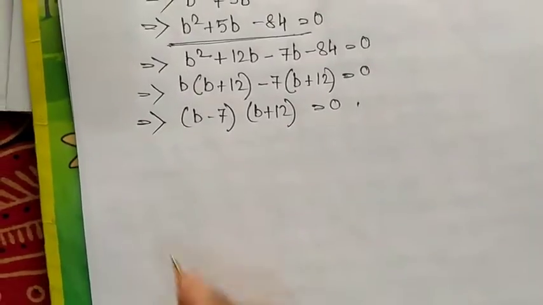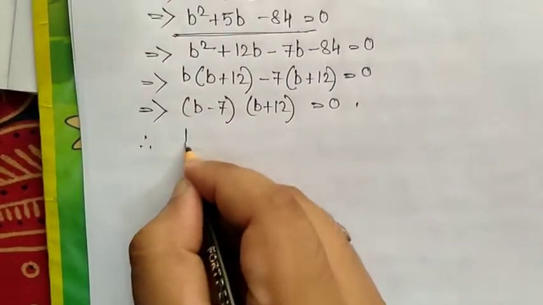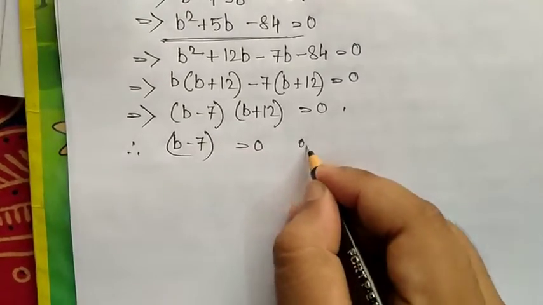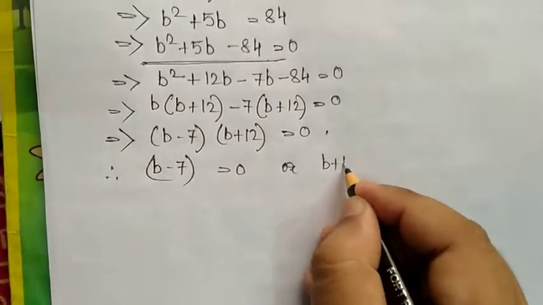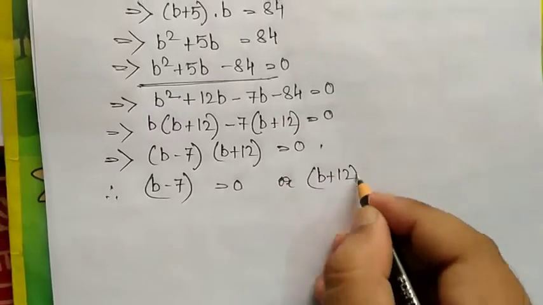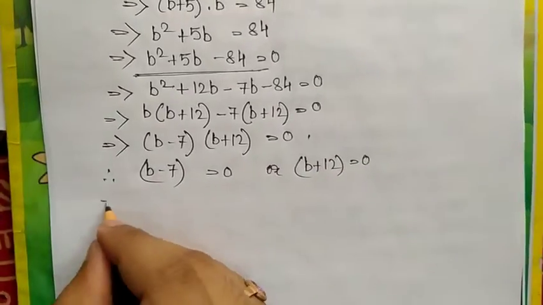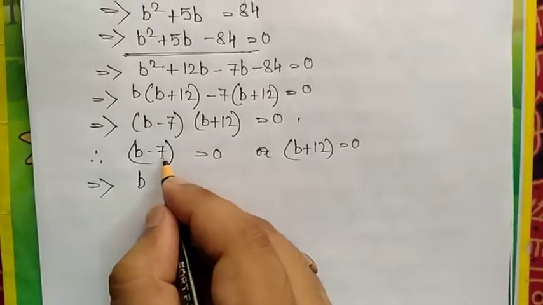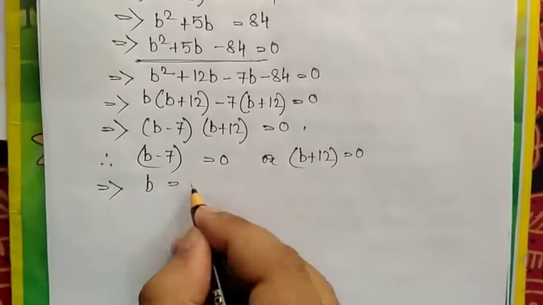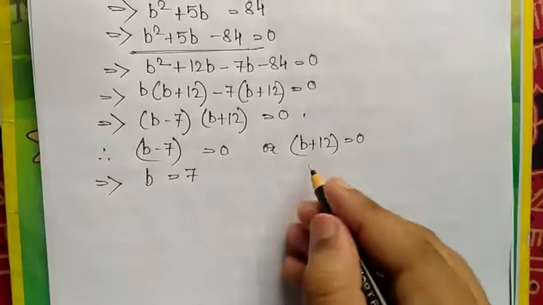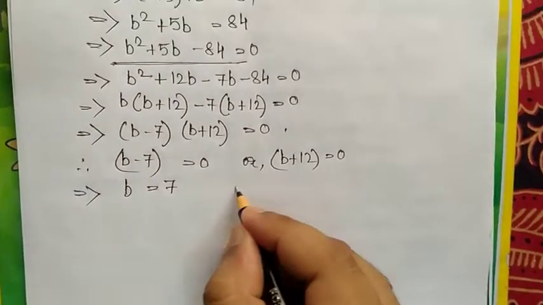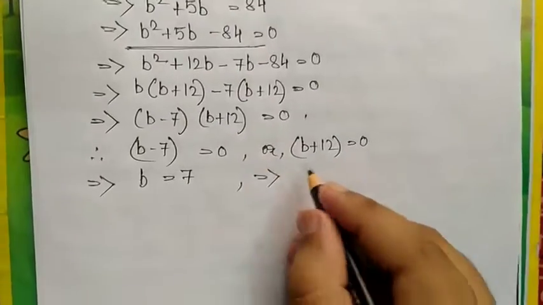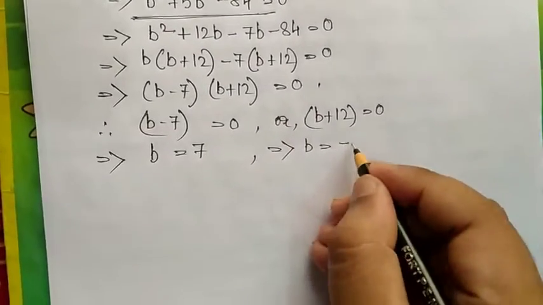So therefore we can say that b minus 7 equal to 0 or b plus 12 equal to 0. So b equal to, from left hand side to right hand side, if 7 is gone here, it should be plus 7, and b equal to minus 12.